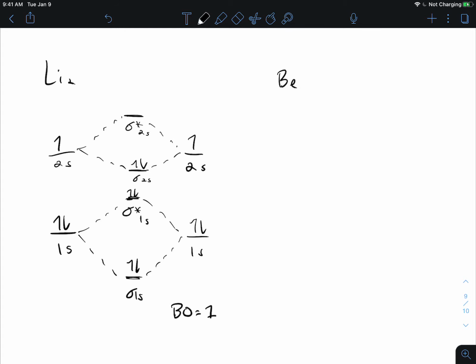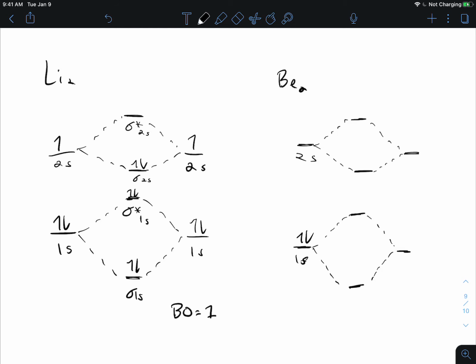You can also look at Be2. It's going to look very similar, with our 1s and our 2s.